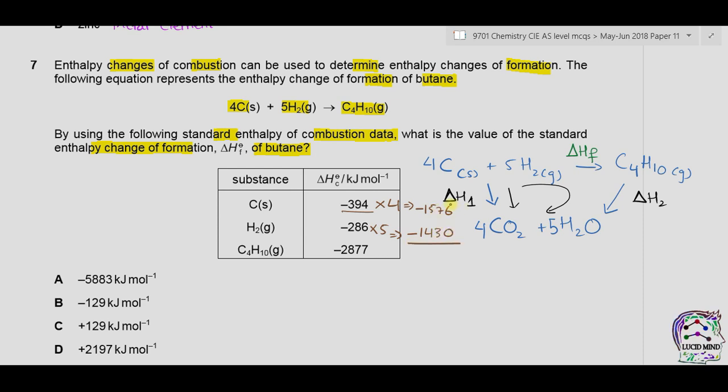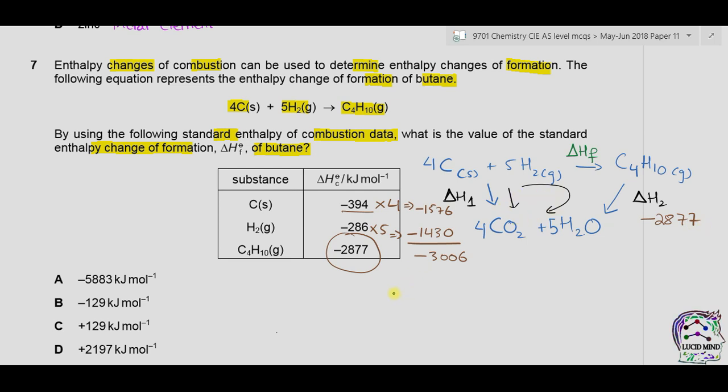Now adding these two, the total enthalpy change in delta H1 will be equal to minus 3006 kilojoules per mole. Now in delta H2, we can see that only 1 mole of C4H10 is being combusted, so the value will be as it is. So it is negative 2877 kilojoules per mole.